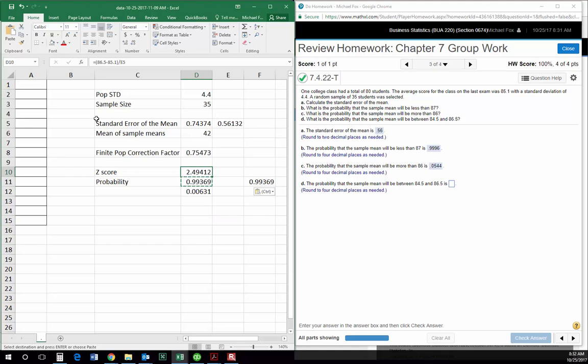Then I'm going to do the same for my lower limit, 84.5. There's my z-score. There's my probability that it falls to the left of 84.5. And I'm going to say the probability that it falls between them is the probability of the upper limit minus the probability of the lower limit, or 0.8511.